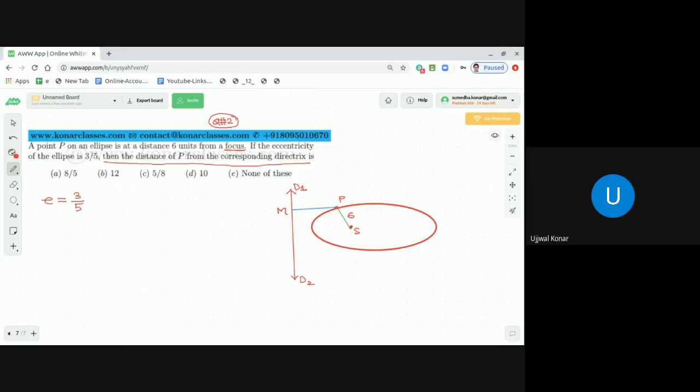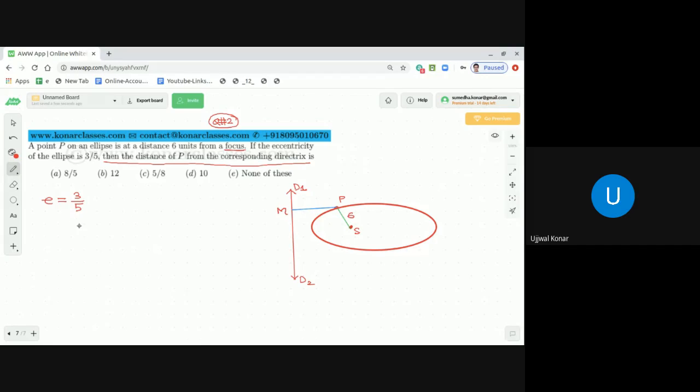So what is eccentricity? If you recall, dear students, the definition of eccentricity is nothing but the distance of a variable point on that conic from a fixed point, that is the focus, to the distance of that variable point from a fixed line, that is the directrix.